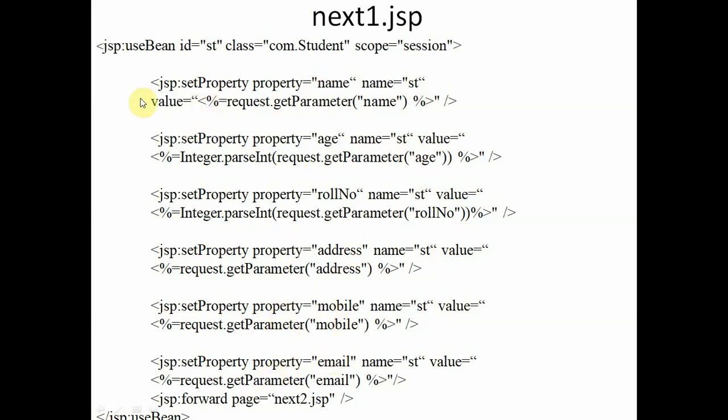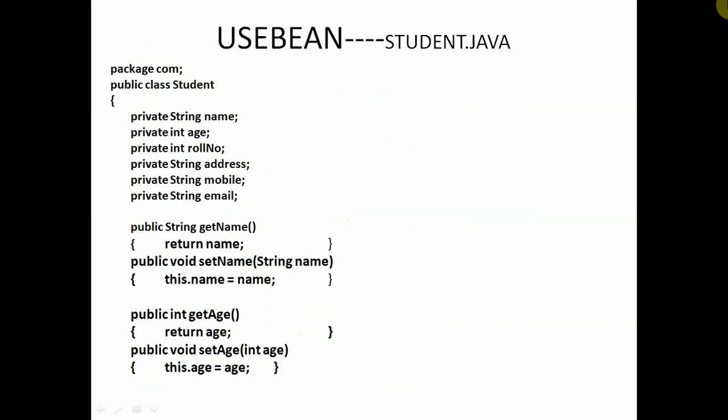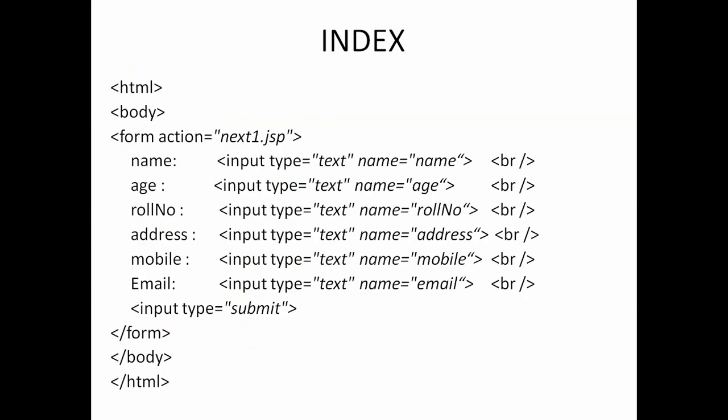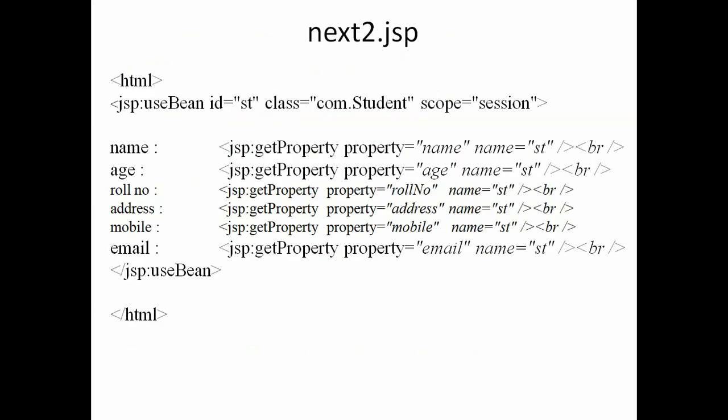So these 6 lines will execute all 6 set functions: set name, set age, set roll number, set address, set mobile and set email.